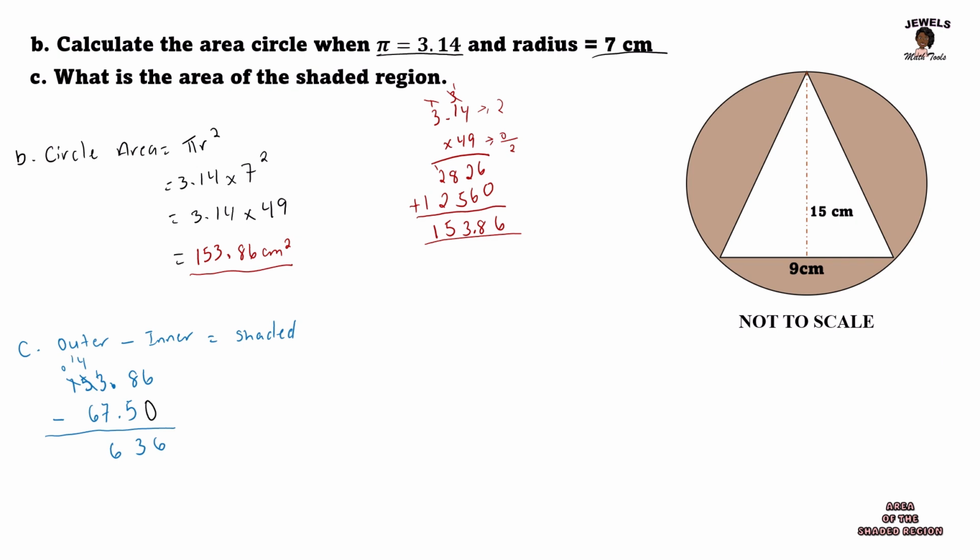And now we have 14 minus 6 is equal to 8. And our decimal point will drop right down from where it is. So the area of our shaded region is equal to 86 and 36 hundredths. And remember to put in your units of centimeters squared.